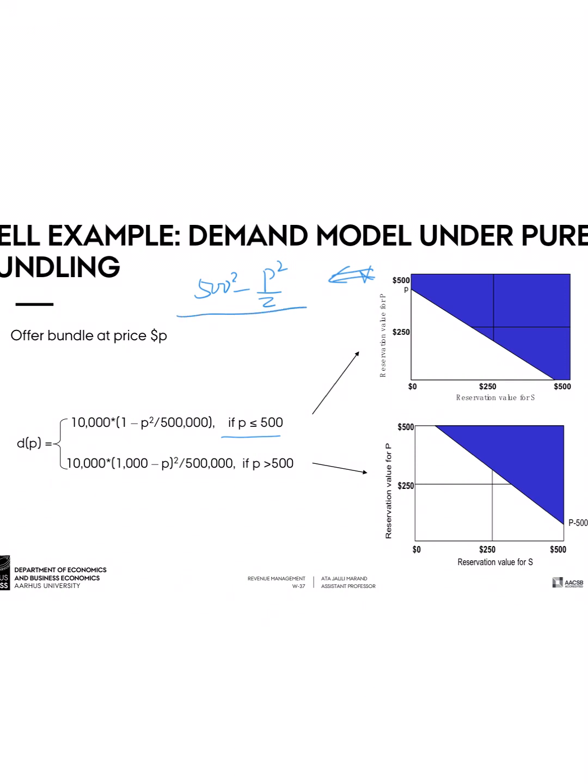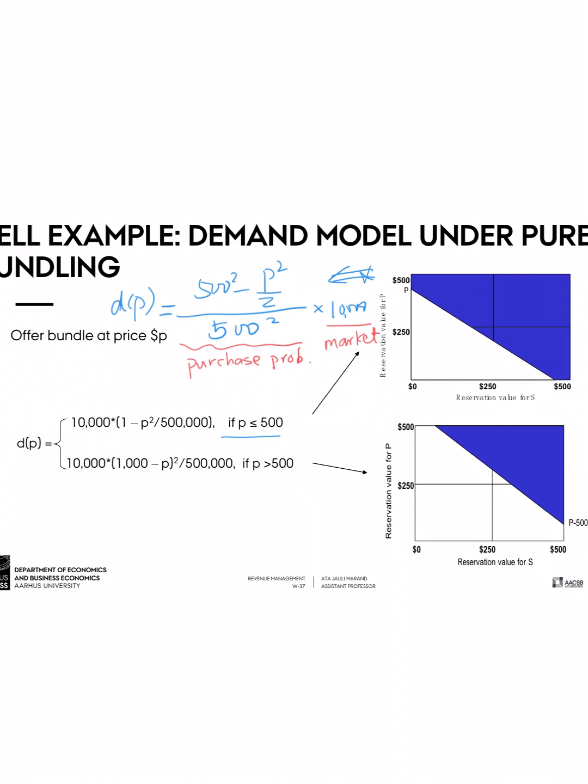The total square area is 500 squared. This is the purchase probability, and times the market size of 10,000, we get the demand function.